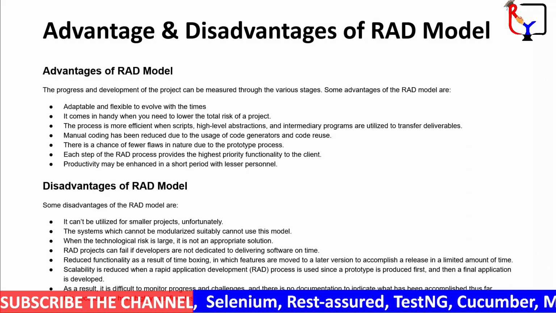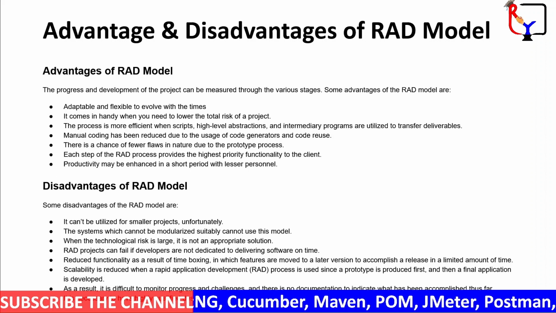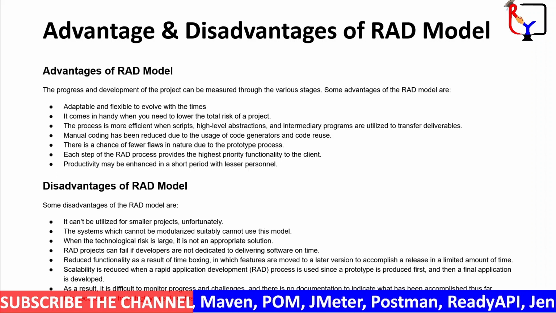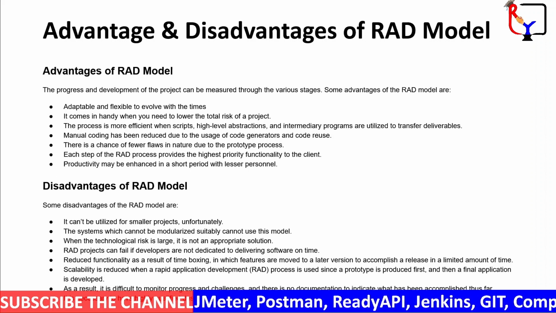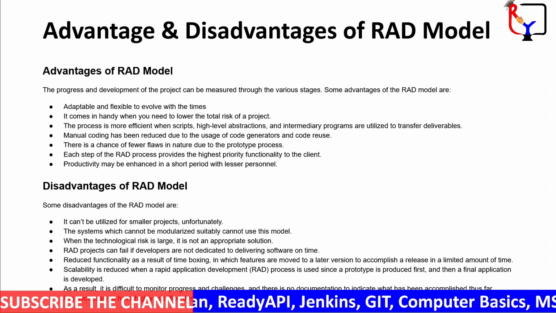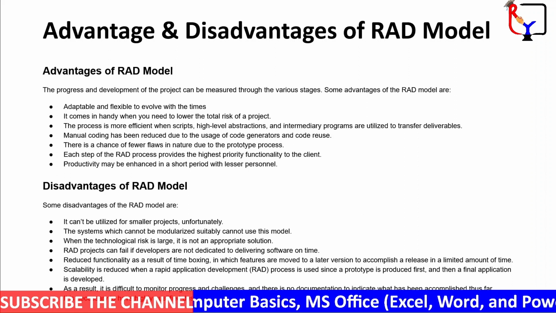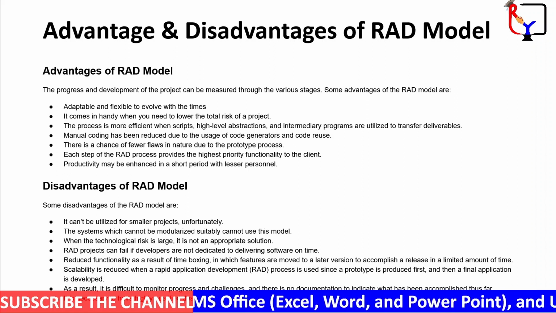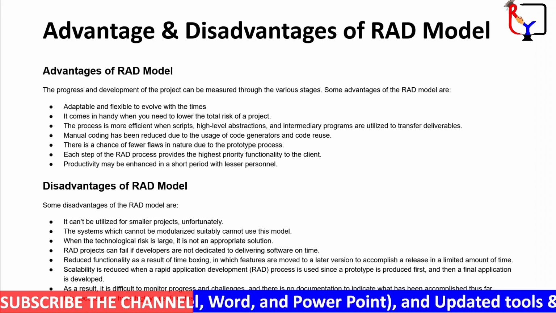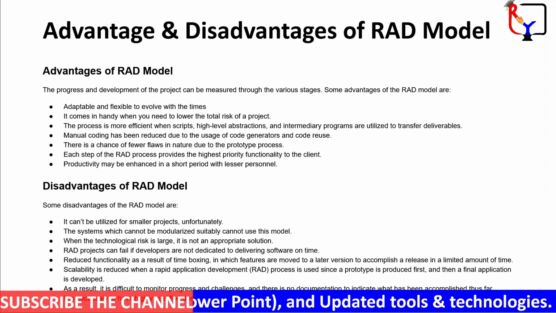The process is more efficient when scripts, high level abstraction, and intermediary programs are utilized to transfer deliverables. Some disadvantages are: when the technology risk is large, it is not an appropriate solution. RAD projects can fail if developers are not dedicated to developing or delivering the software on time.